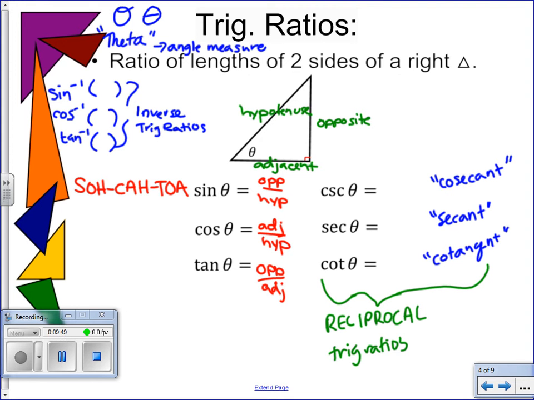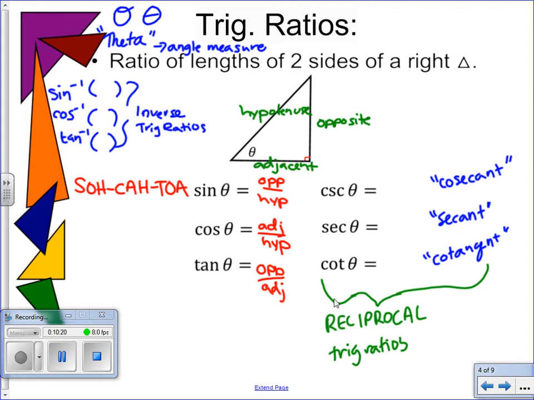And what does the word reciprocal mean? Opposite. What do you mean opposite? Like flipped around. So when we're talking about a fraction, we're going to move the numerator and the denominator and switch places. So that's all you have to do for those three. If you already know how to do sine, cosine, and tangent, to do the other three, you only have to flip them.